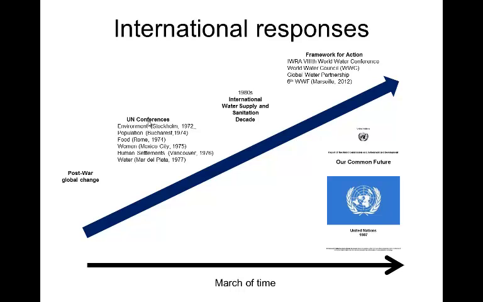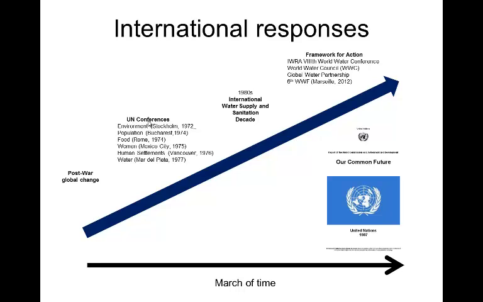We went through the 1980s. That was designated as the International Water Supply and Sanitation Decade. And then in the 1990s, a group of actions and conferences, frameworks for action, were developed, culminating in the 6th World Water Forum, which was held in Marseille, France, 2012.